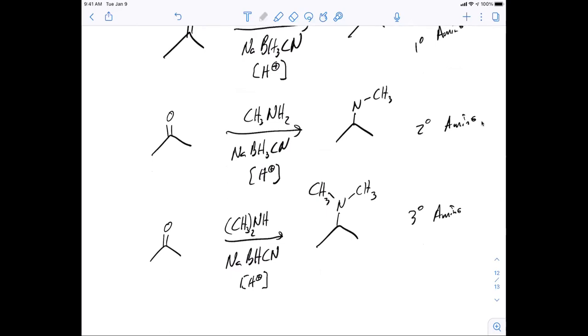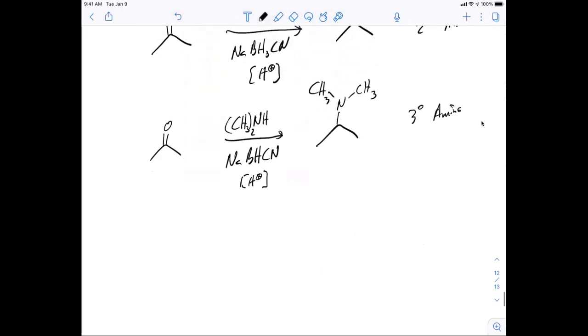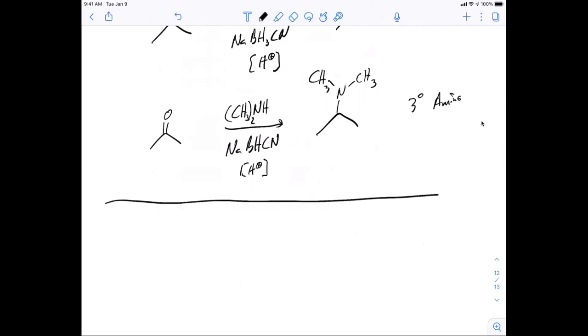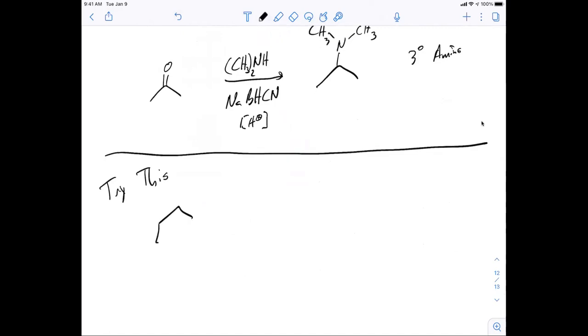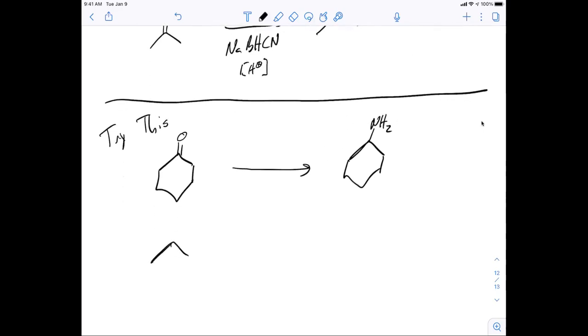Let's try this with these reactions. And then we've got one more thing we'll look at today before we call it quits. Feel free to use your notes.